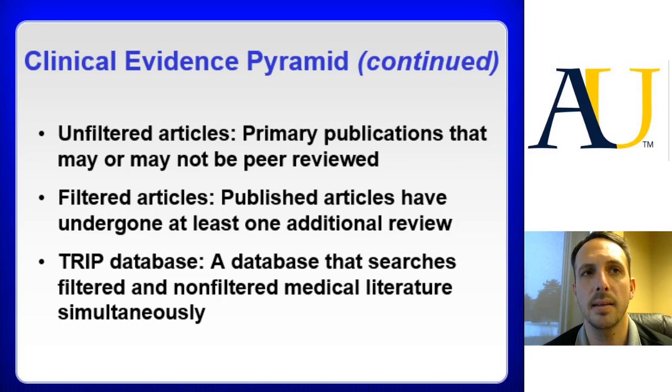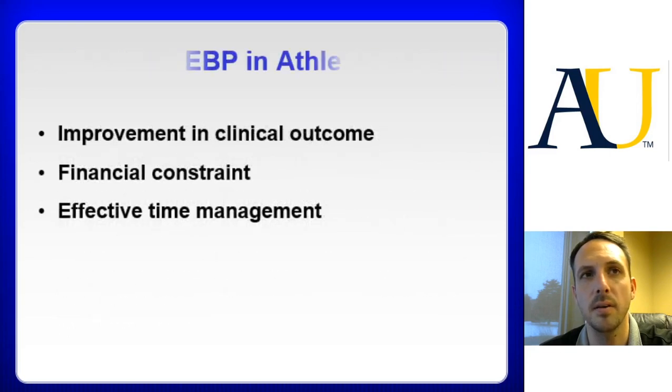The idea is these filtered articles give you a better idea of what is occurring with less work. So when we talk about how to critically appraise each individual article later, one way to avoid doing this is to use a paid database like the TRIP database, and thereby have some of that critical appraisal done for you already.